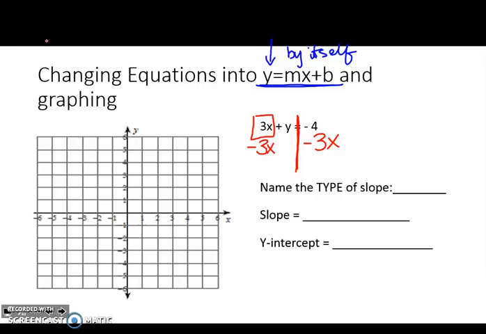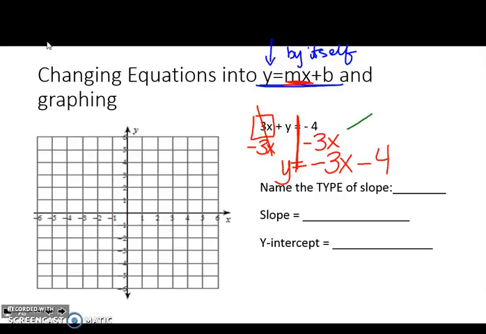And remember, I can take the entire 3x to the other side since I want to move both of those things. So that cancels out over here on the left, leaving me with y. Since it's a positive y, we don't have to write the positive there. Equals, and then since I want the m and the x first, I'm going to rewrite negative 3x minus 4.